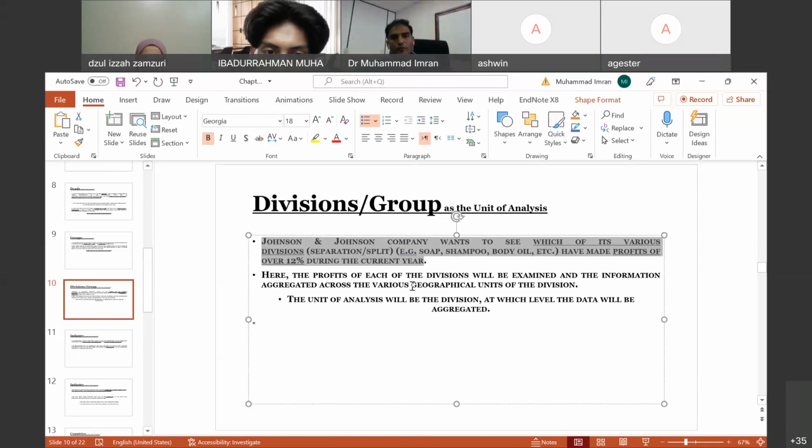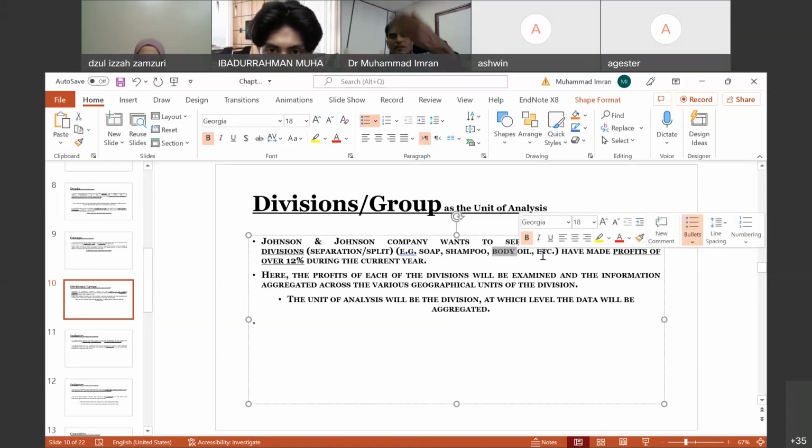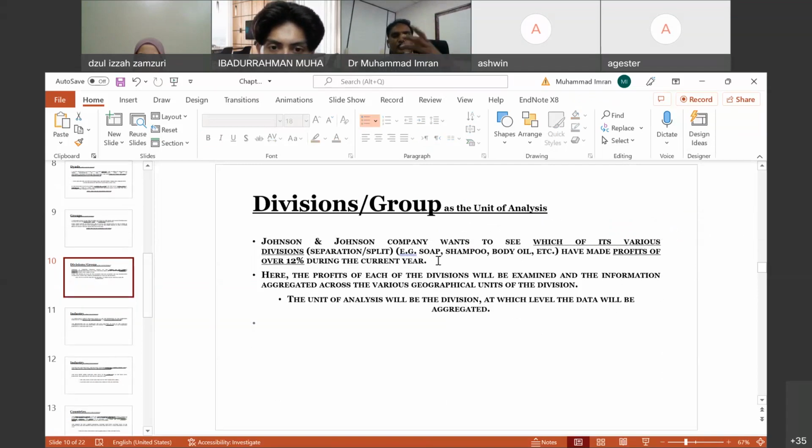Here, the profit of each of the divisions will be examined and the information aggregated across the various geographical units of the division. The unit of analysis will be the division, at which level the data will be aggregated. He will collect the data from soap, then shampoo, then body oil, and many more, maybe more than three or four. Okay, this is also called a group of the division as well.